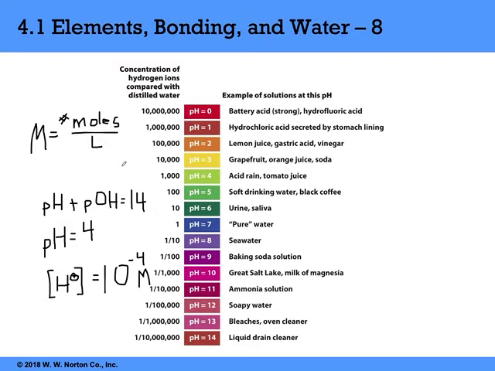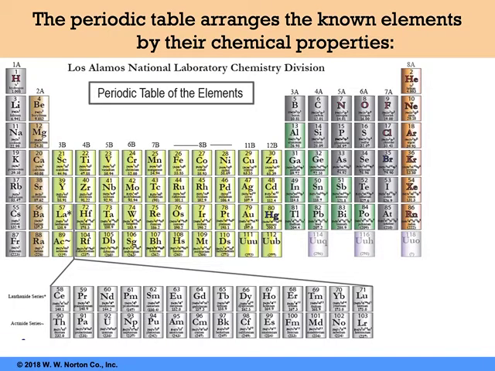But if we were talking about a mole of something like carbon, okay, we can go back to the periodic table here, and we can see that the atomic mass is 12.01. Well, it so happens that a mole of carbon weighs 12.01 grams, okay?